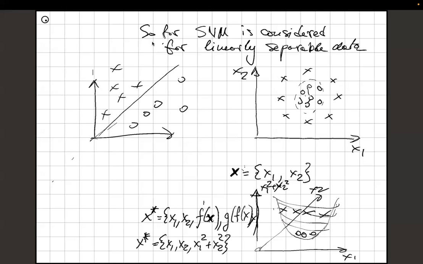And in this very case, it is easy to visualize. So you really moved one set of samples above the other. And in this case, it becomes linearly separable. So you can draw a plane separating these categories.